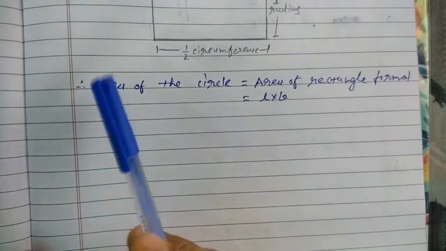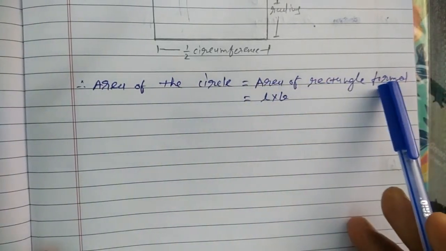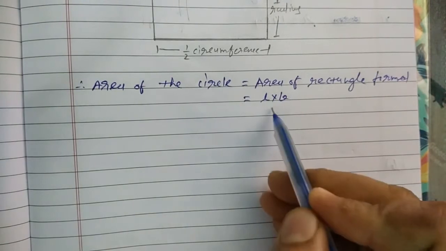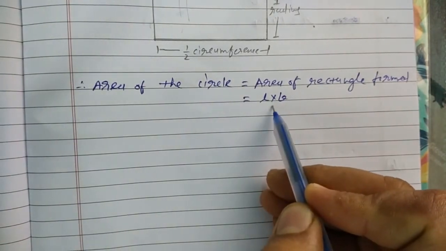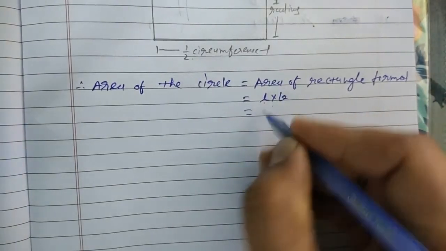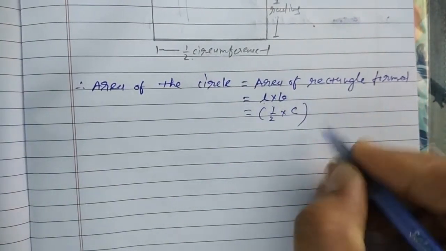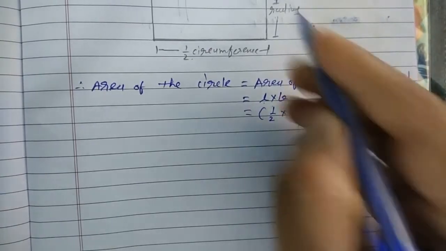So here the area of the circle is equal to the area of the rectangle which we have formed. Area of rectangle, we know, is length multiplied by breadth. What is the length? That is half of the circumference. So we will write 1/2 multiplied by circumference, capital C, multiplied by breadth. Breadth is what?